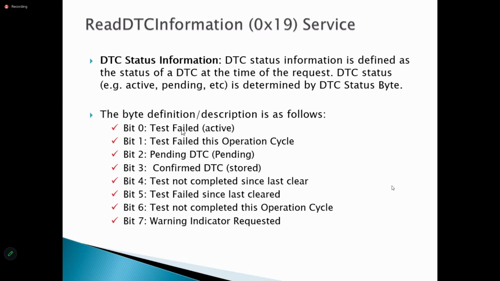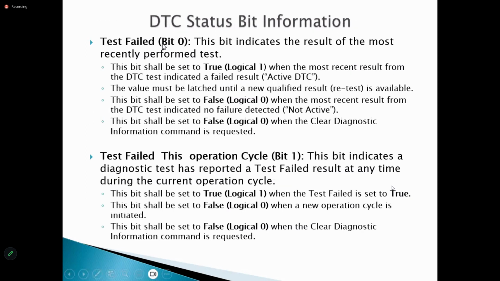So now, first bit is test failed, bit 0. This bit indicates the result of the most recently performed test. As I told, the test is run by the ECU. And if the test is failed and when it is confirmed, then only the DTC information will be stored.